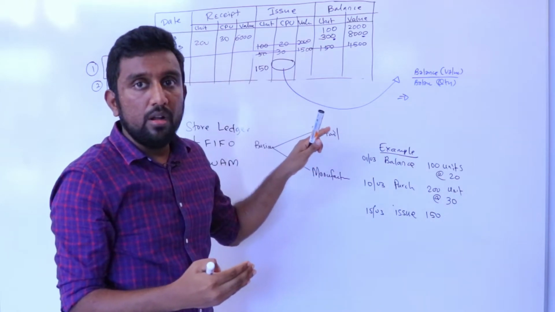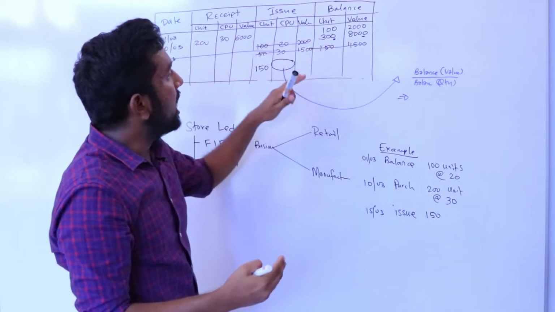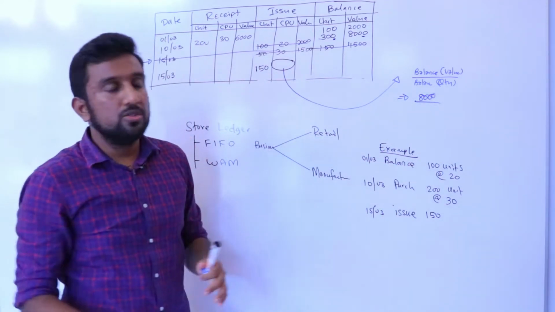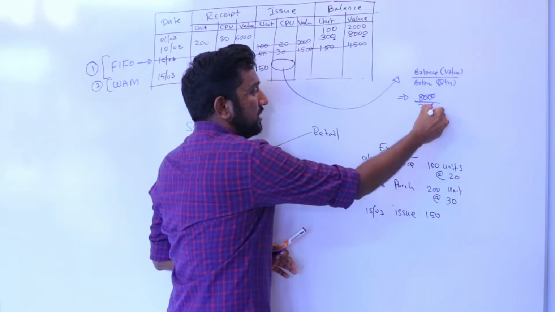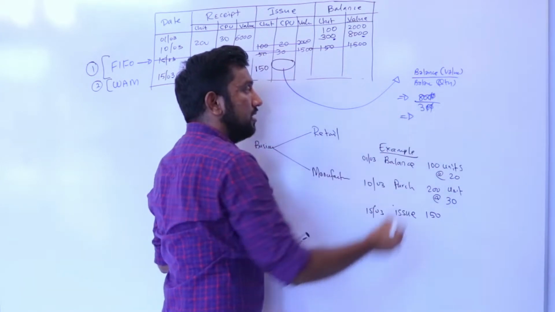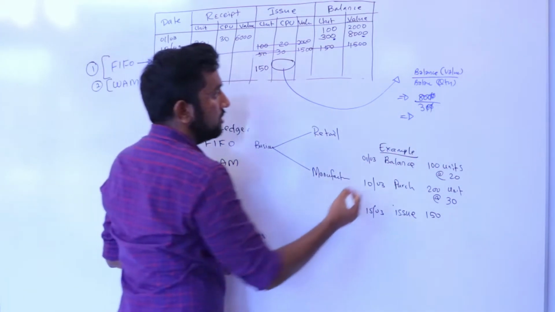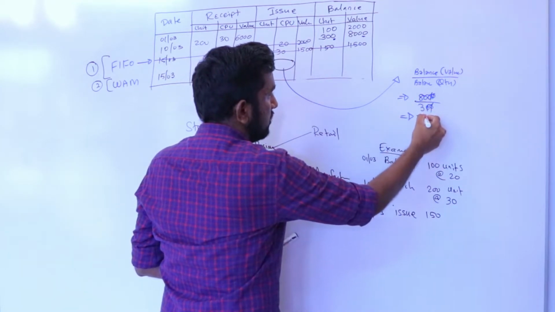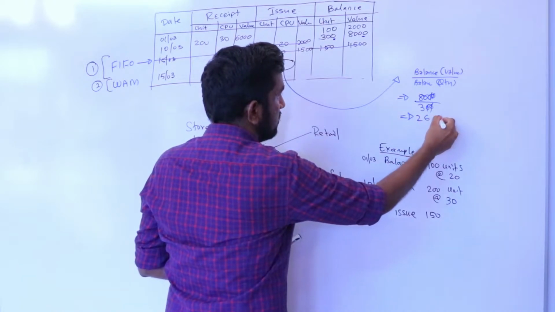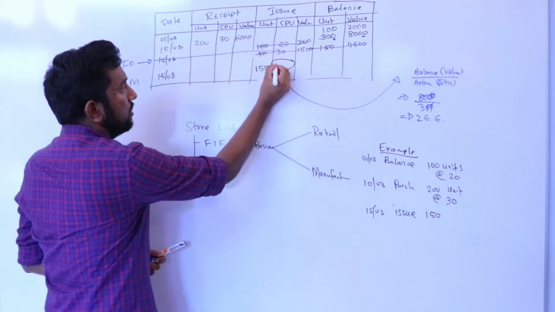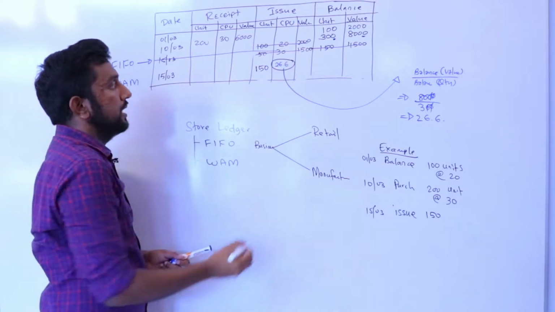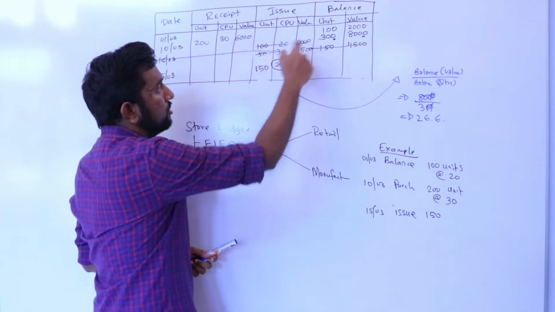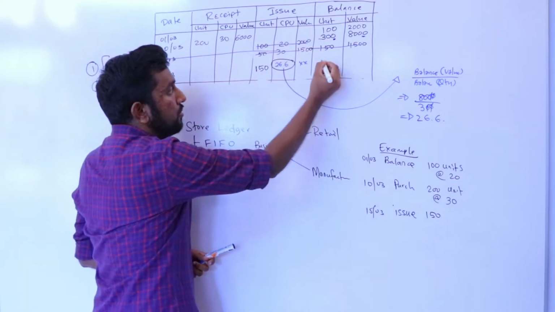So for the first issue, I have a balance of 8,000 and I have 300 units. So the unit cost is 26.6, so this is 26. And you will get the value here and the balance is the same as what we put. So 300 we had, 150 issued, so my balance is 150.